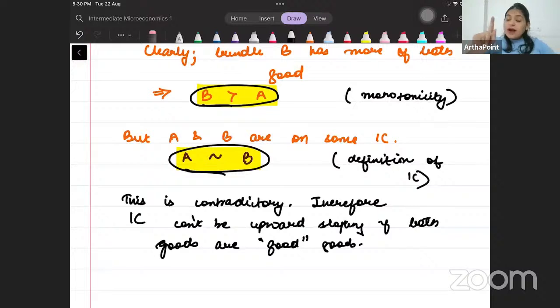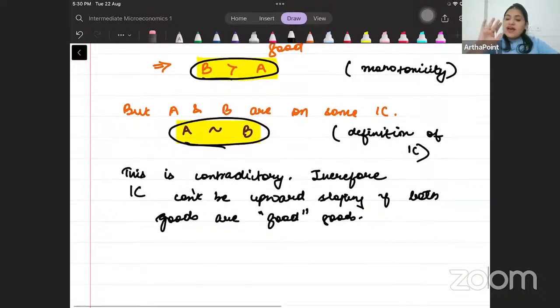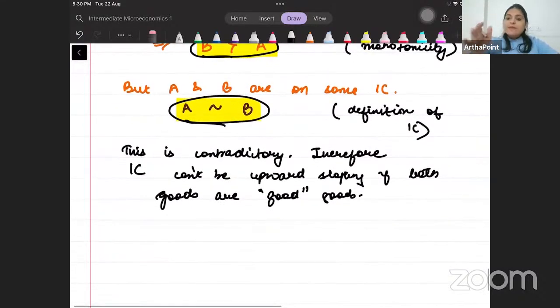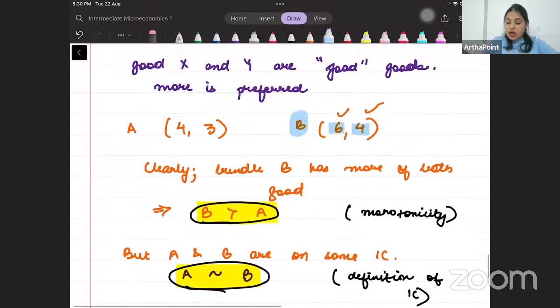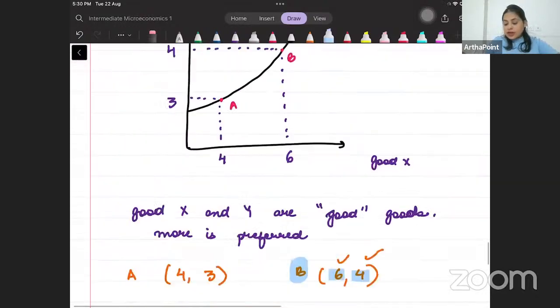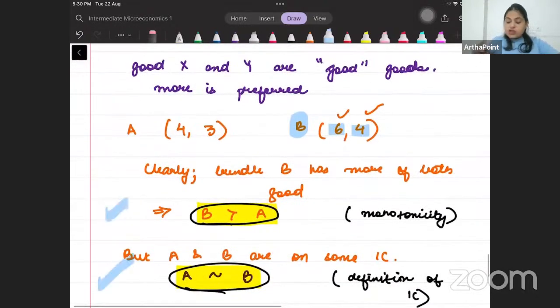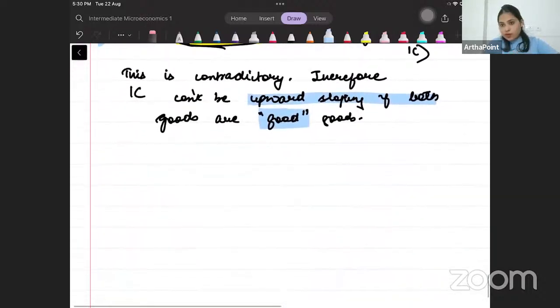I will do it as part of my assignment. उसमें मैं आपको ये क्वेश्चन समझाऊंगी. But as of now, you just have to remember that IC अगर दोनों ही good goods हैं तो IC upward sloping नहीं हो सकता है, और यही हम यहाँ पे प्रूफ कर रहे हैं. ये हमारे यहाँ पे कॉन्ट्राडिक्शन आ गई और कॉन्ट्राडिक्शन से ये प्रूफ हो गया.